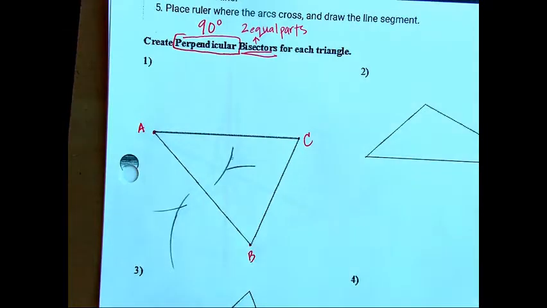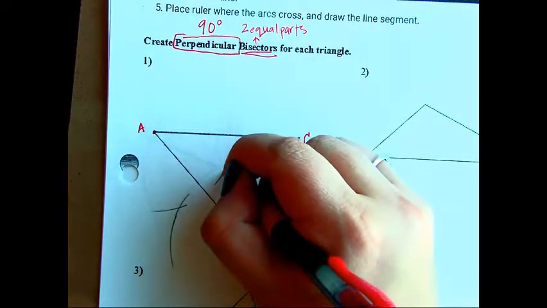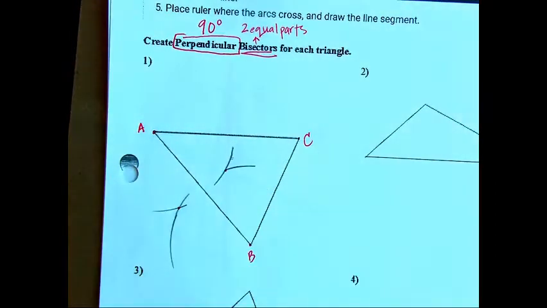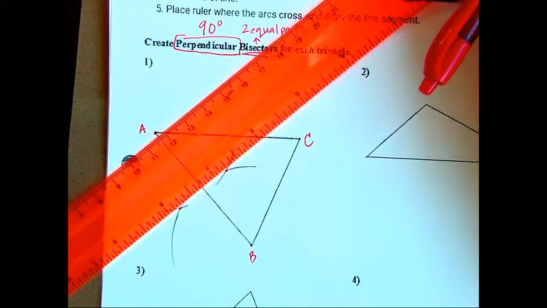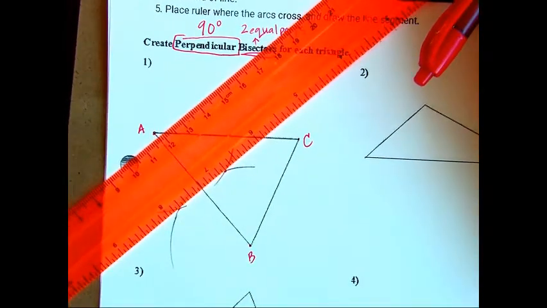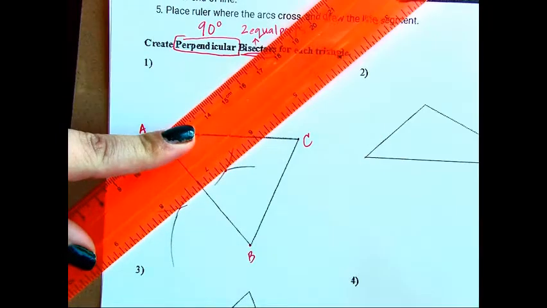There we go. So if you notice, these cross in two places, right here and right here at the bottom, above and below. So what I want to do is take my ruler and connect those 2 points together to create a straight line.